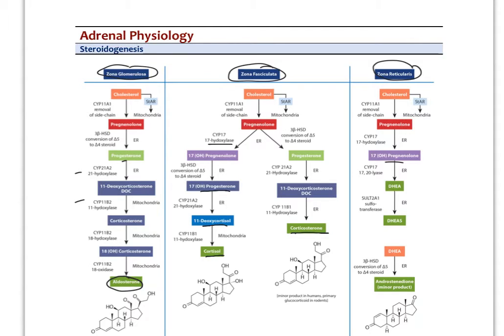And then finally in the reticularis, the primary pathway is to make DHEA, which then becomes sulfated in the plasma to DHEAS. And then DHEA can act as a pool in the body for interconversion to androstenedione, and then via aromatase into estrogen and so forth, into estrone, for example.